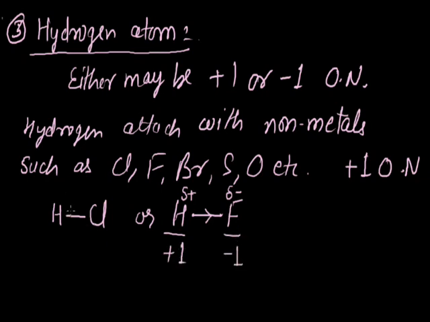In the same case, chlorine has a high electronegativity compared to hydrogen, so it acquires a partial negative charge, and hydrogen acquires a partial positive charge. So according to this, the oxidation number of hydrogen is equal to +1, and the oxidation number of chlorine is equal to -1.